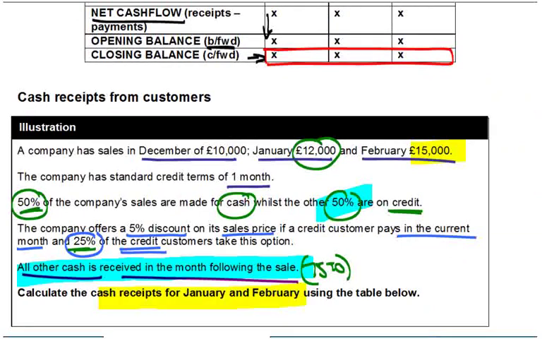that would be going back to December, and in December there were £10,000 worth of sales, and 50% of those were on credit, and 75% will then pay in the month following sale.